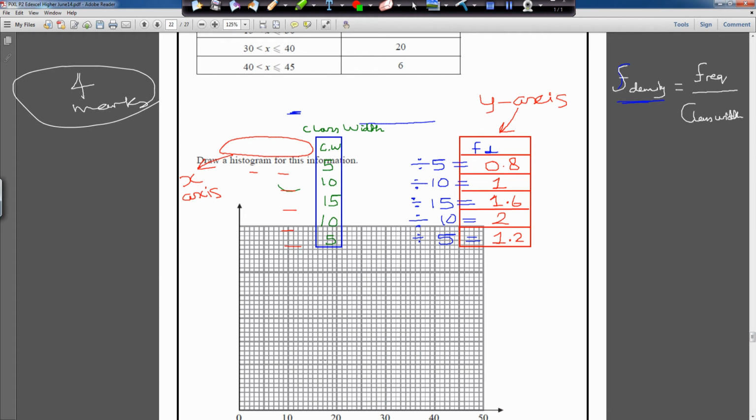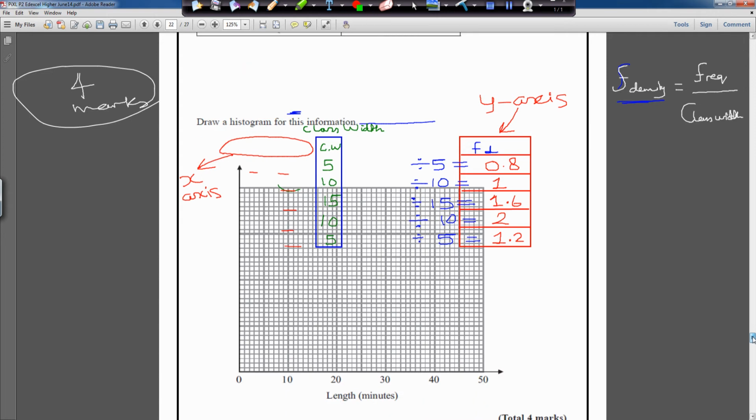Let's see. The bottom axis has been labeled as minutes. Now, for the size of the histogram, at the moment the maximum value that we have is 2. We have 0.8, 1, 1.6, so 2 is the maximum we've got to go.